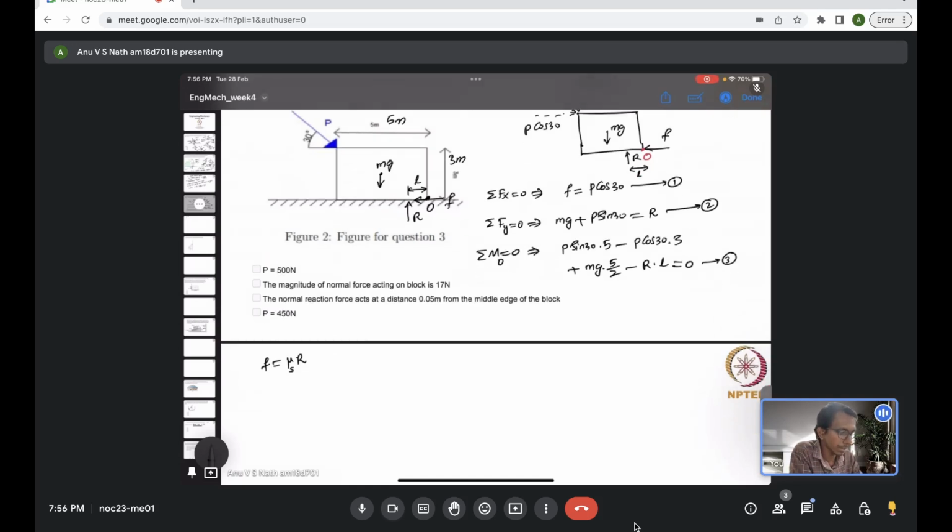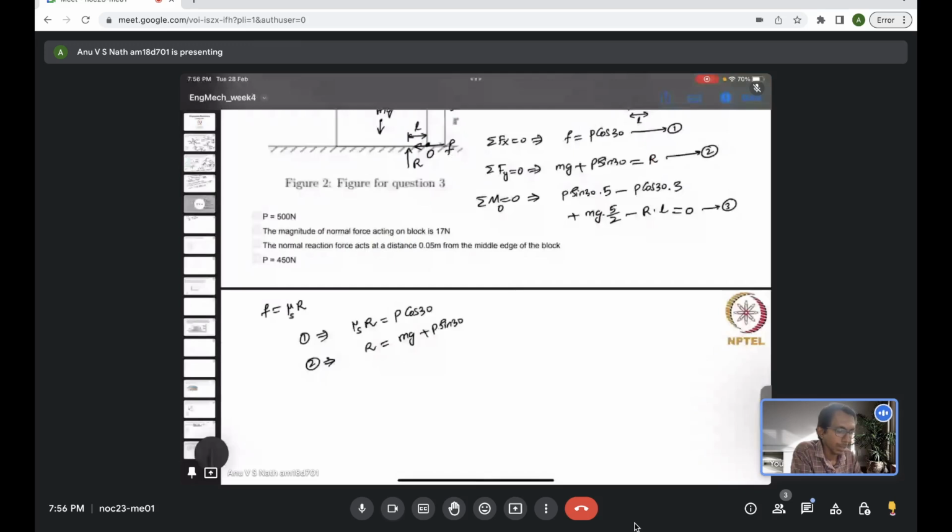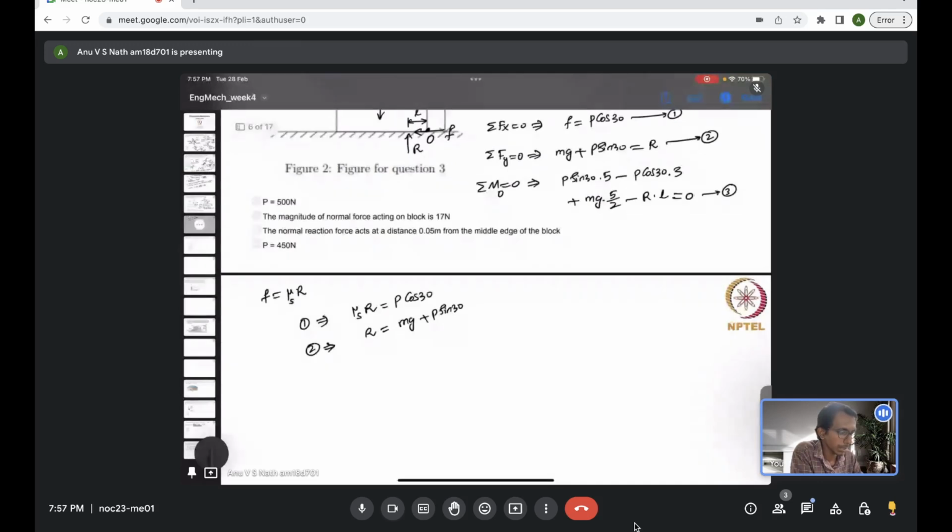If we use equation 1, you can write mu s times R is P cos 30, and from equation 2 you can write R equal to mg plus P sin 30. Now if you take a ratio between these two equations, mu s times R divided by R on the left-hand side, they will cancel.